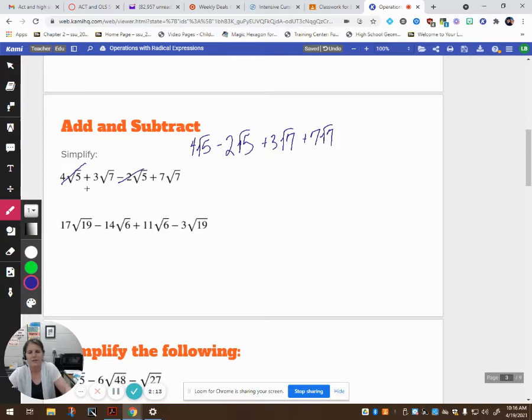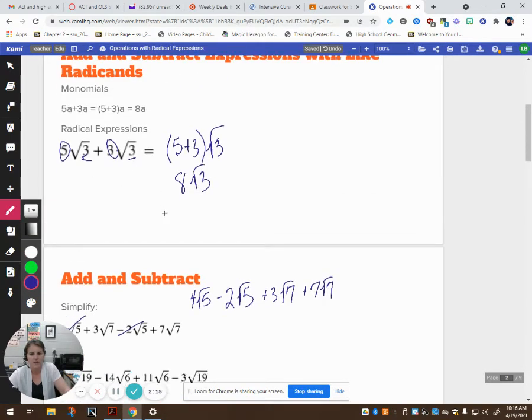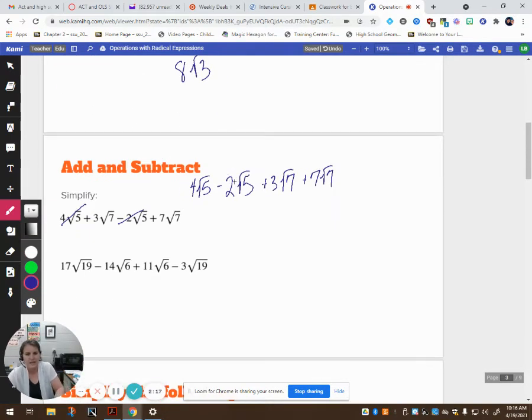And then we're back to where we were in the previous problem. We can add the coefficients or subtract them, whatever the case may be. So 4 take away 2 times radical 5 plus 3 plus 7 times radical 7, and we see that our answer simplifies to 2 radical 5 plus 10 radical 7.